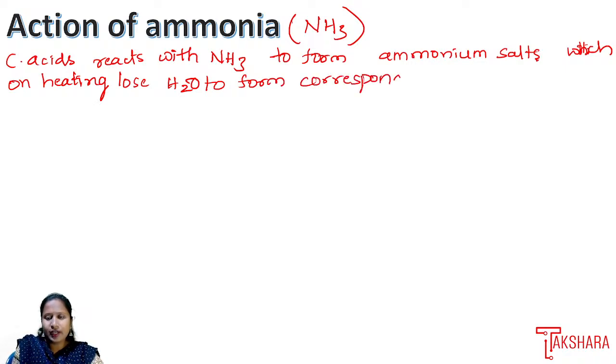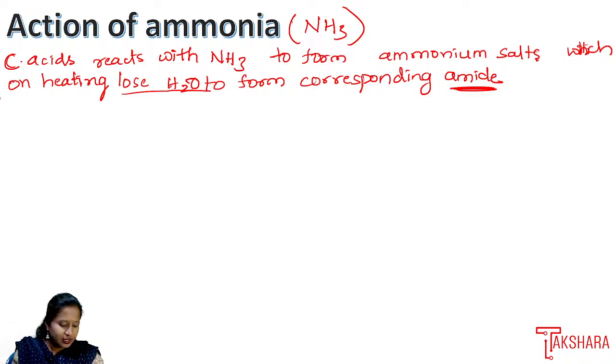To form what? Corresponding amide. So when carboxylic acids react with NH3 to form ammonium salts, which on heating are going to lose some amount of water to form what? Corresponding amides are going to form as a product.